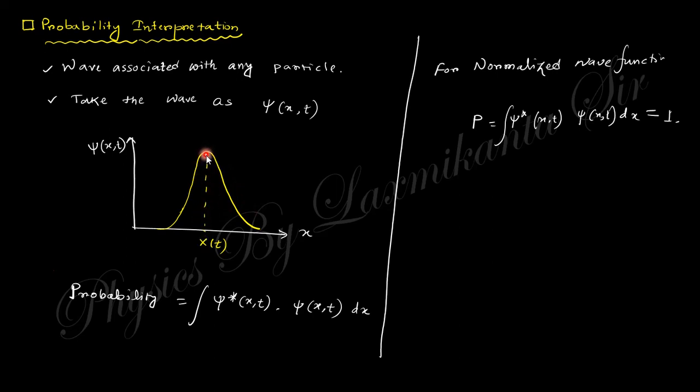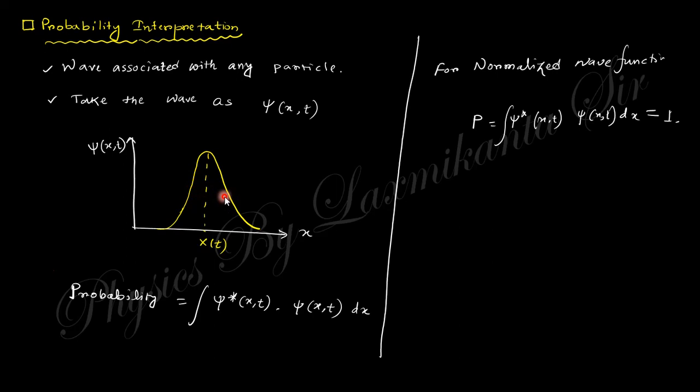Suppose at a particular time x equal to 5 has the maximum probability. You cannot say quantum mechanically that this is the position of the particle, you can only say this is the probabilistic position. The maximum probability is here, but the particle can be found elsewhere also with a lower probability.